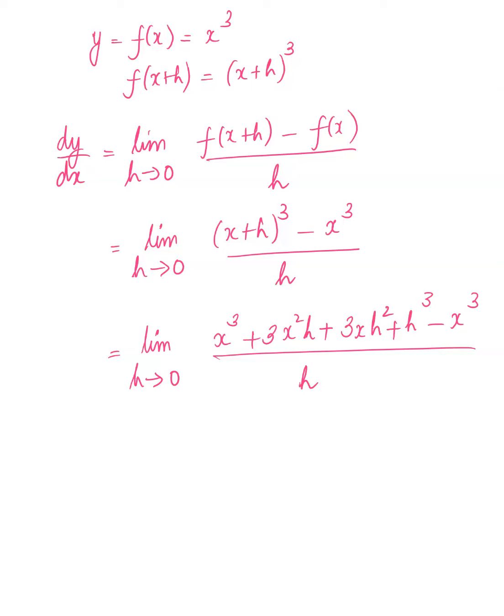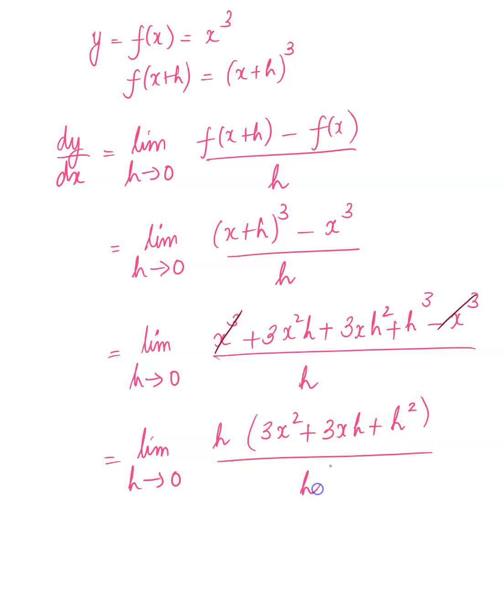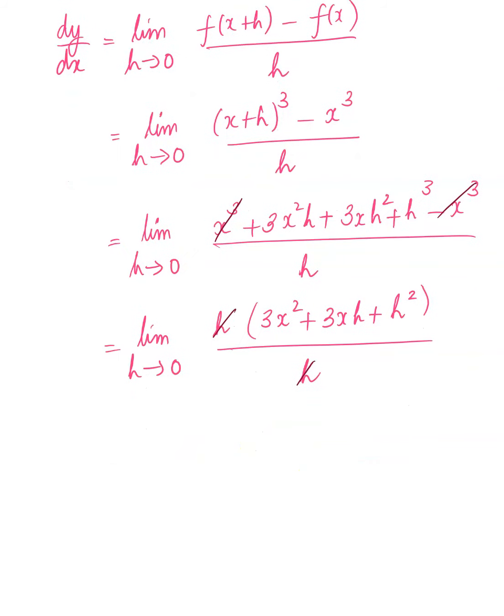Okay, so now you have the x cubes going away. We know that these are the terms that contain h in it. So that's going to be 3x squared plus 3xh plus h squared all over h. Cancel those off. And now we have limit h approaches 0, 3x squared plus 3xh plus h squared.